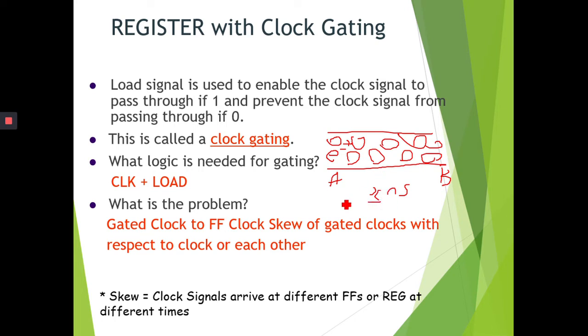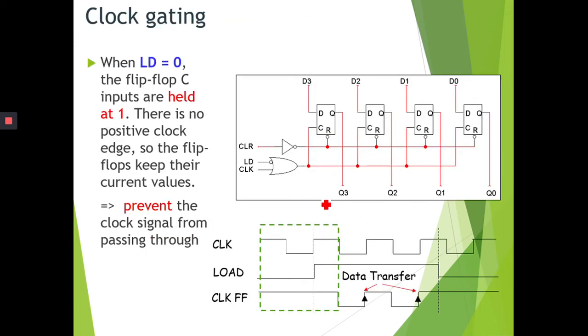Whenever the clock signal passes through a gate, in this example it's going to pass through the OR gate, of course the OR gate itself will increase the delay. So just imagine, the clock signal here has to travel from this point to the flip-flop D0 here.